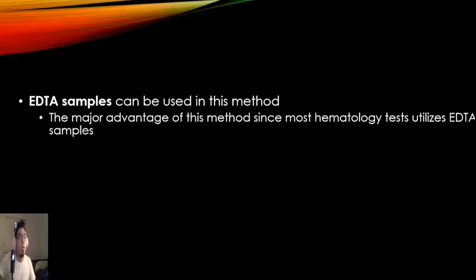You can use the same sample for CBC, because usually automated analyzers would just require maybe 0.1 ml of the EDTA blood sample, and you can use the rest for ESR. So EDTA samples can be used on this one.